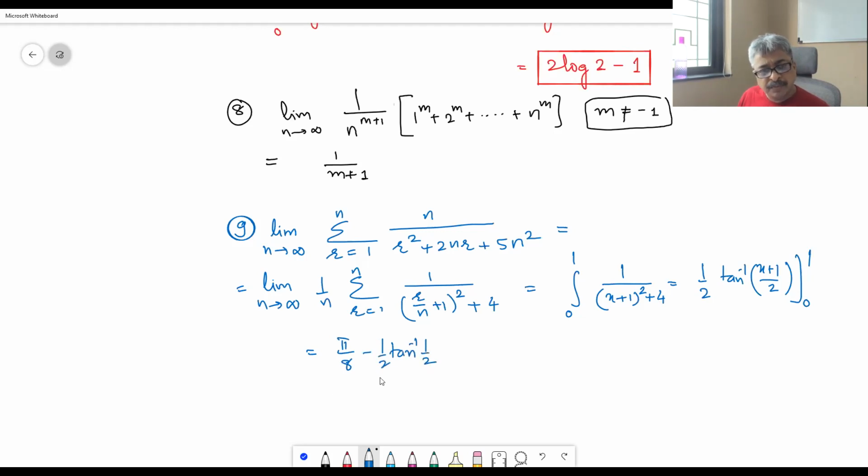I have got the 10th problem written with me, but I don't have the solution or answer. Maybe you tell me the answer. Last problem of limit of sum: limit n tends to infinity, sigma n square into sigma n cube upon sigma n raised to 6.